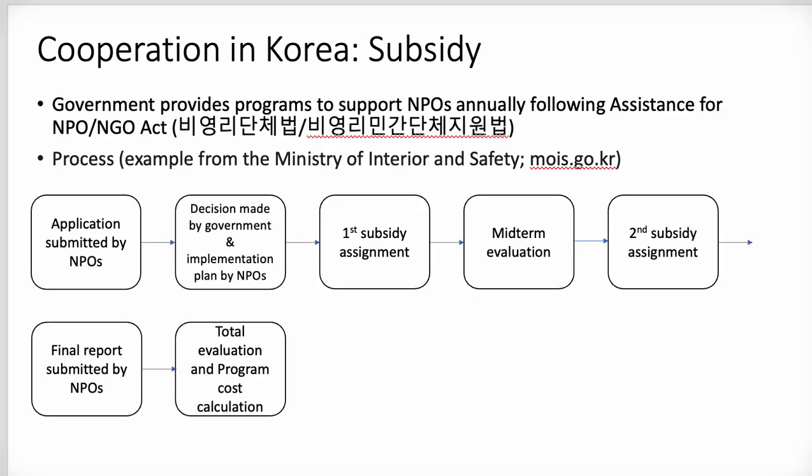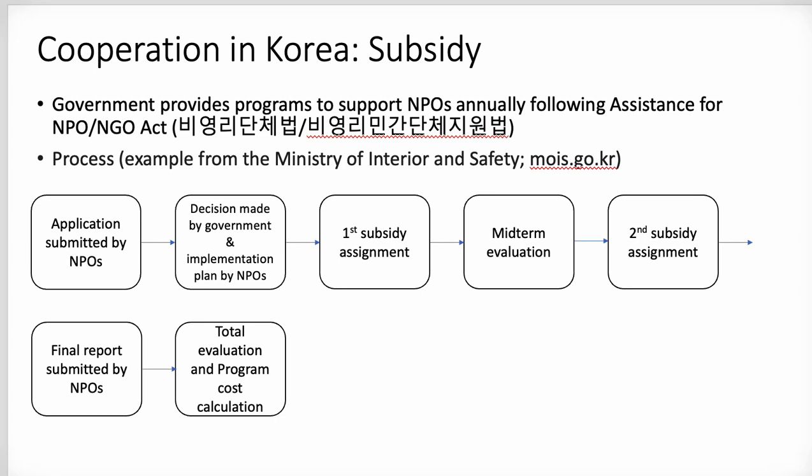So let's look at the subsidy type of cooperation between governments and NPOs first. Governments provide programs to support NPOs annually following NPO laws. The process is like on the slides. NPOs submit applications, governments make decisions, and NPOs implement the plan.